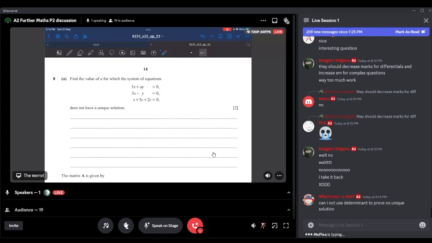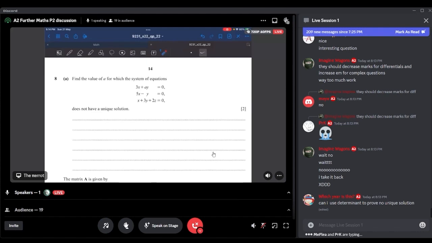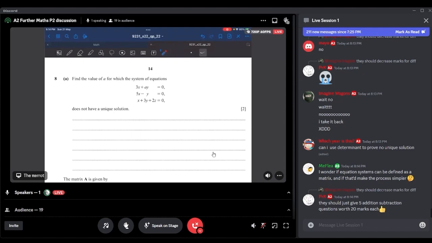But that means if you don't want it to have a unique solution, then your determinant has to be 0. Because if your determinant is not 0, then it has a unique solution, and that unique solution is just x, y, z all 0.